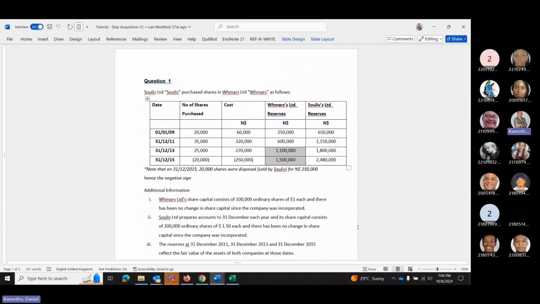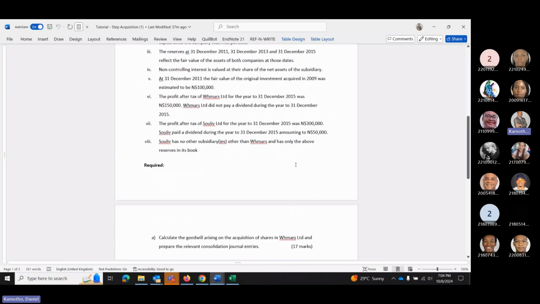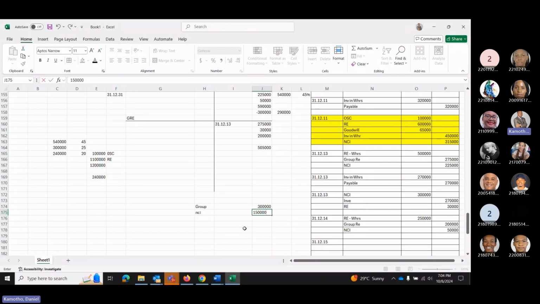Therefore, 2014 was 250, and we divided between 2014 as 250 and 2015 as 150. That's why for that particular year, NCI is 150. And therefore, the total profit in the consolidated financial statement will have been 450.